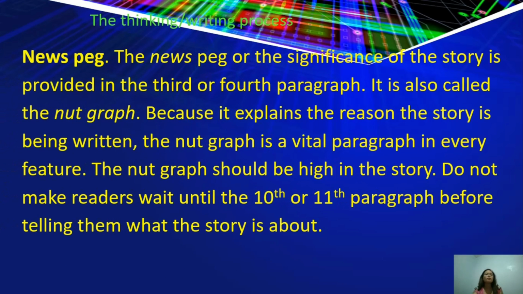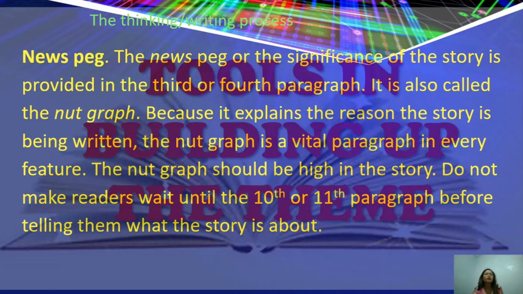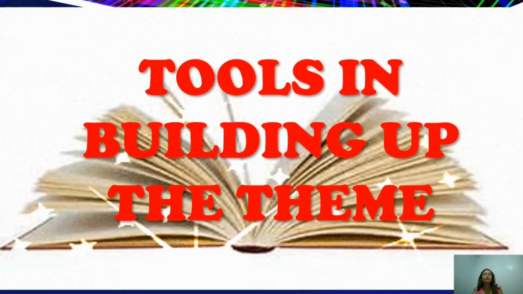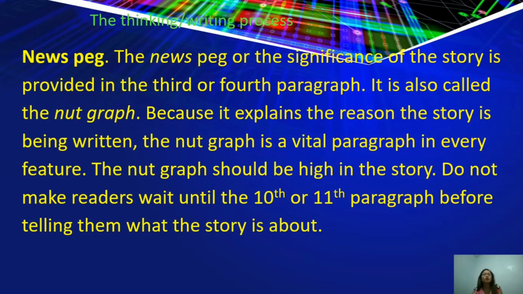Okay, the thinking or writing process: news peg. So what is a news peg? The news peg, or the significance of the story, is provided in the third or fourth paragraph. It is also called the nut graph because it explains why the story is being written.